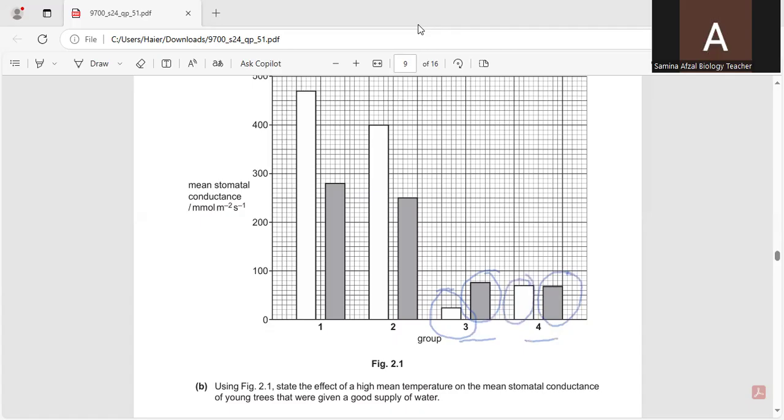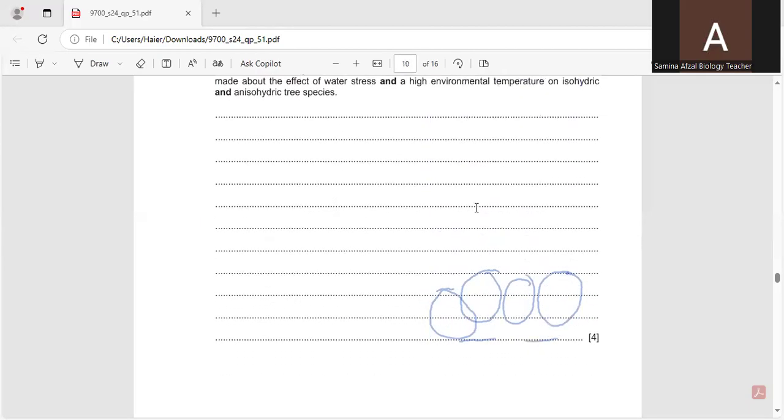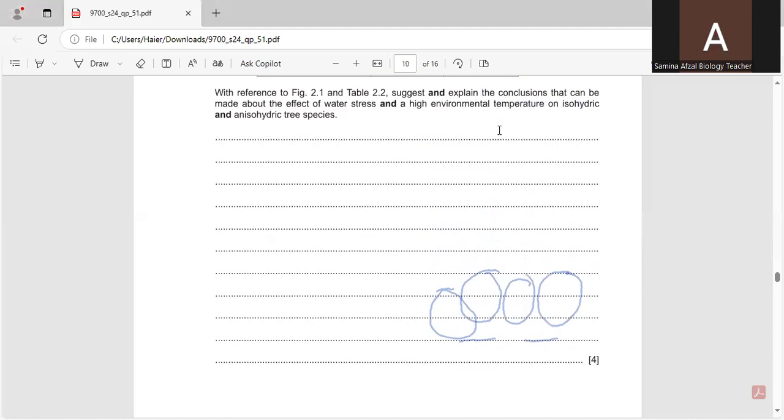So we are going to write our results over there in the given space in the light of all these. We have to write about 4 points to explain our answer properly. So with reference to figure 2.1 and 2.2, we will write the answer.